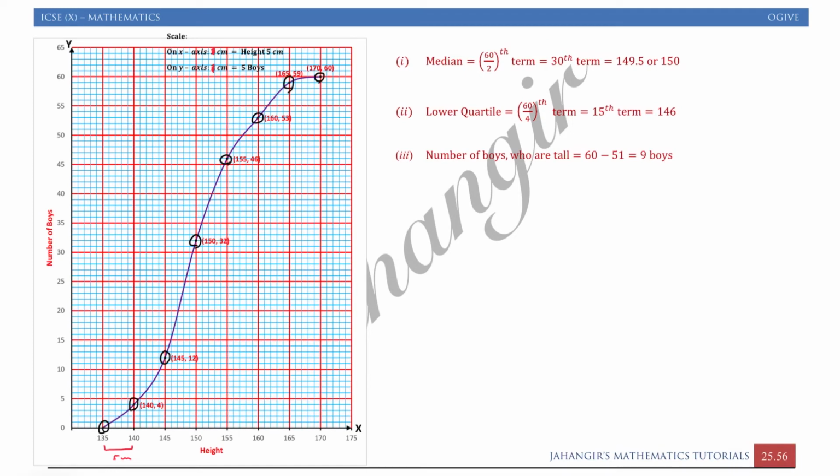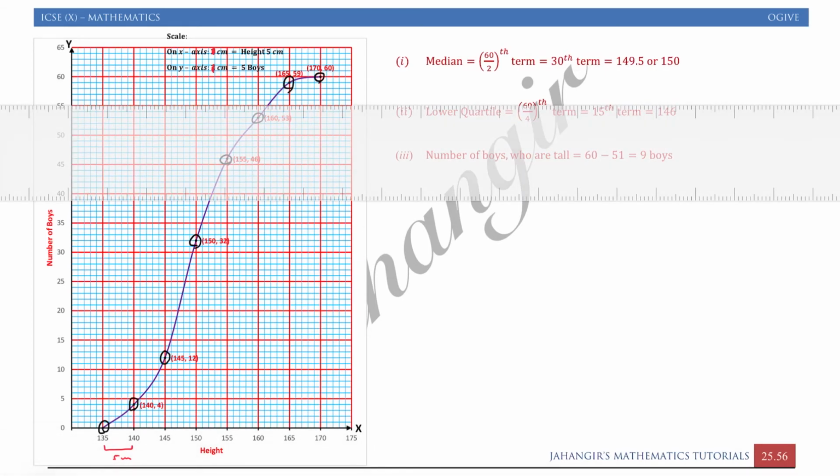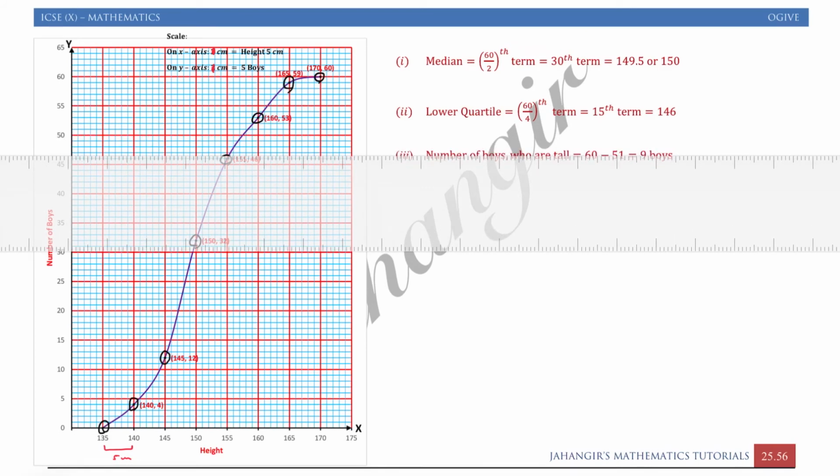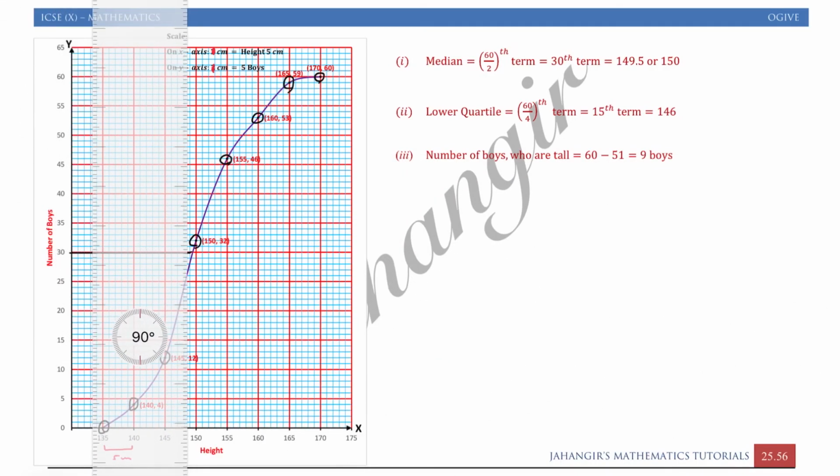And from graph now we will find median. Median के लिए we have to take n upon 2th term, that is 60 by 2, which is 30th term. If you will draw median, what you are getting, either you may get 149 or 149.5. You will see exactly it's midway between 149 and 150.